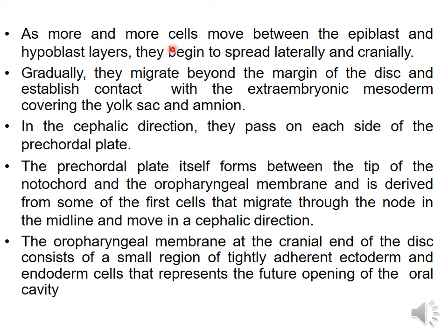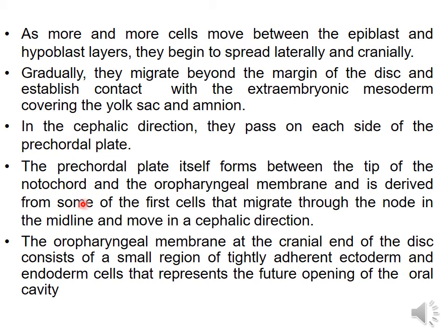As more and more cells move between the epiblast and the hypoblast layers, they begin to spread laterally and cranially. Gradually, they migrate beyond the margin of the disc and establish contact with the extra-embryonic mesoderm, covering the yolk sac and amnion. In the cephalic direction, they pass on each side of the prochordal plate. This prochordal plate forms between the tip of the notochord and the oropharyngeal membrane.